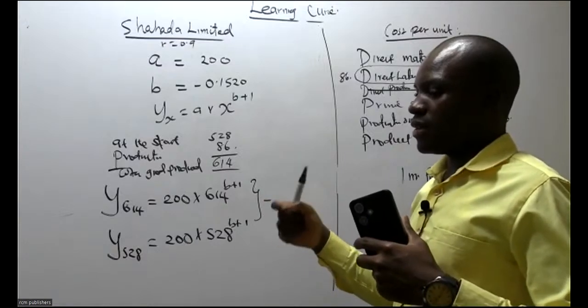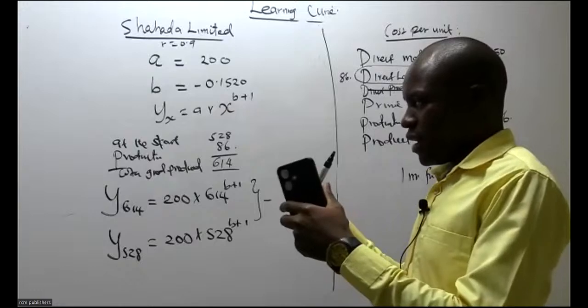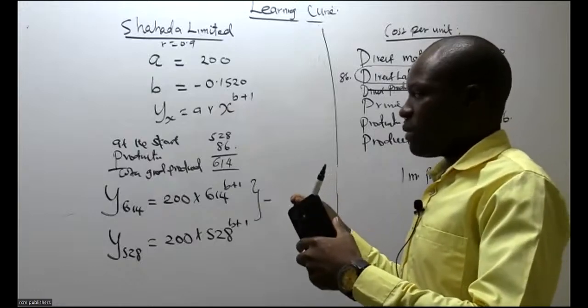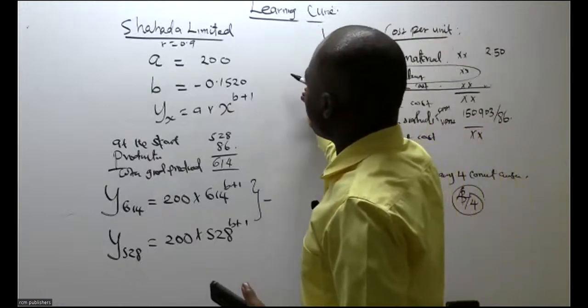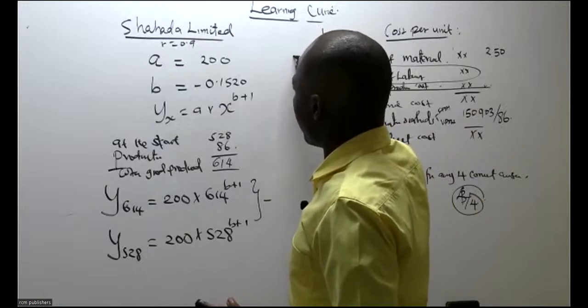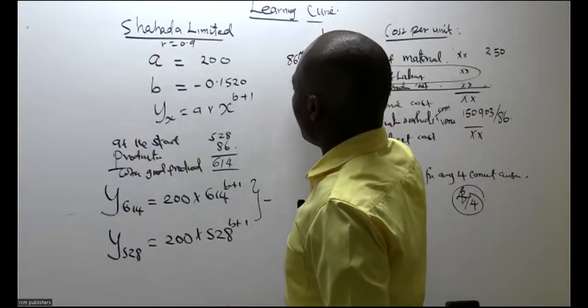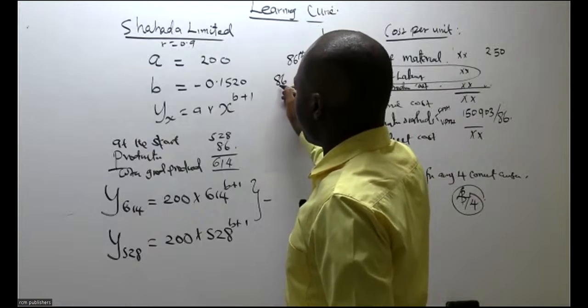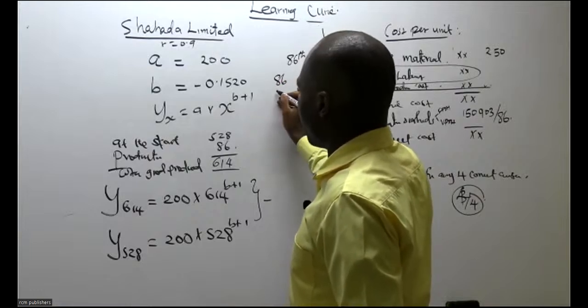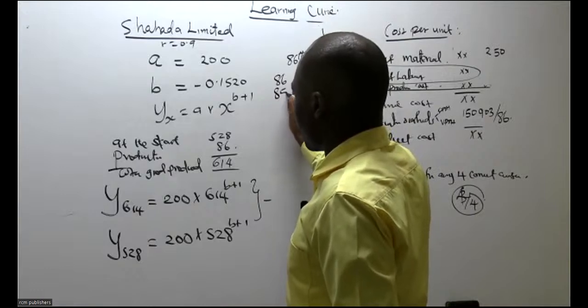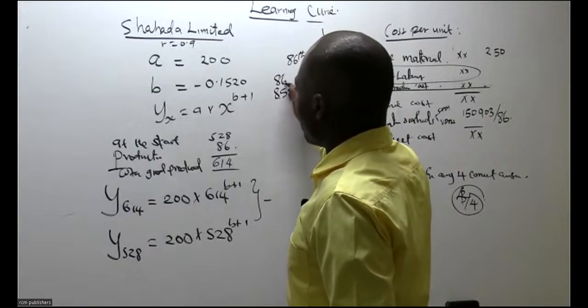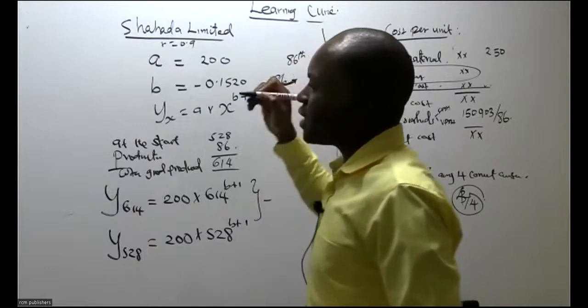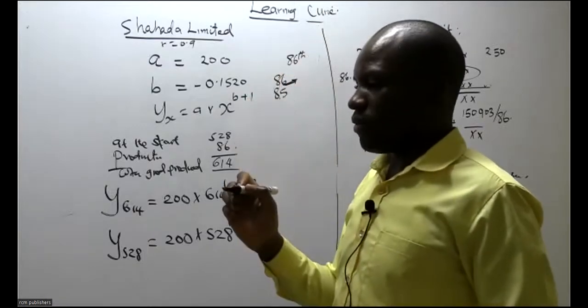Remember, there's a difference between the 86 units and the 86th unit. If you want the 86th unit, you get the first 86, then the first 85, and the difference gives you the cost incurred to produce the 86th unit.